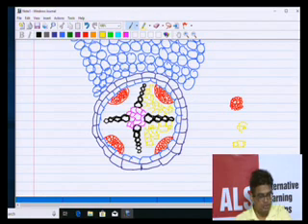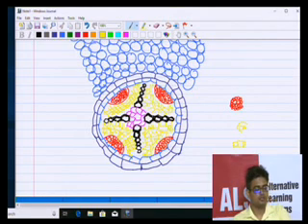Very small cells, polygonal cells. They just fit and interlock with each other. So I am going to just fill this space here. You can draw crisscross lines also like this, just to complete it. So this is the conjunctive tissue.